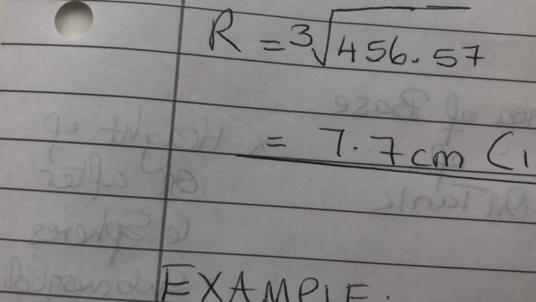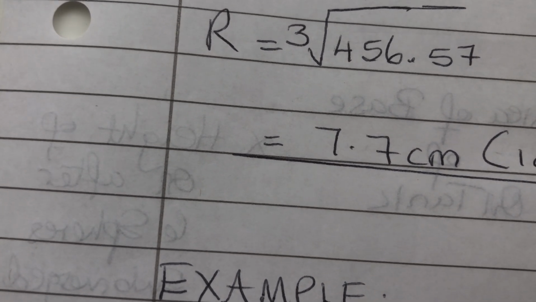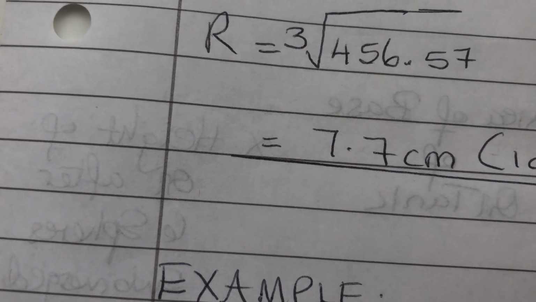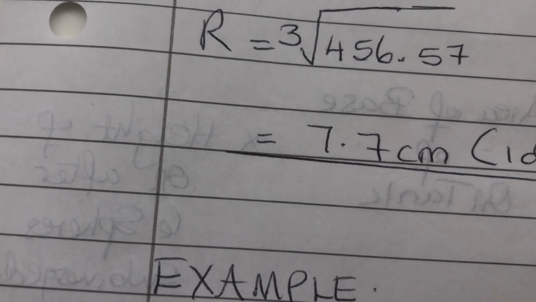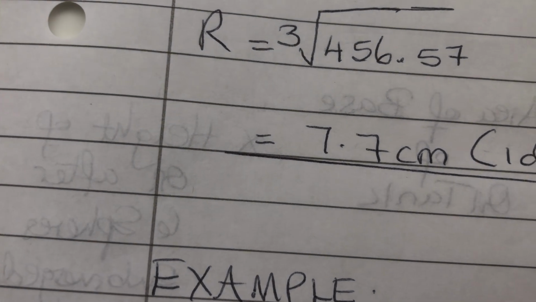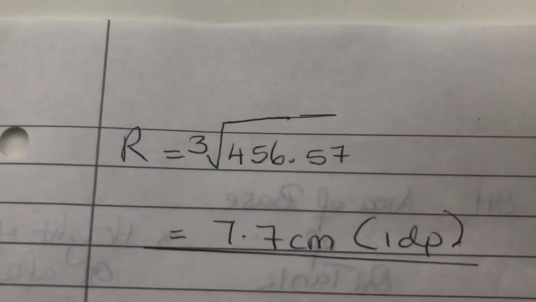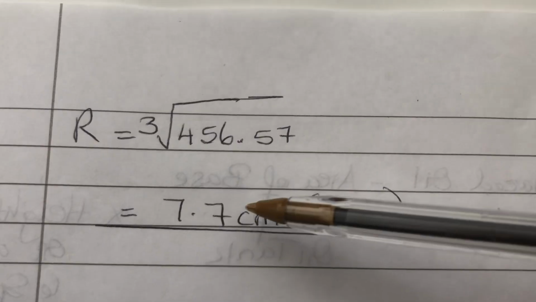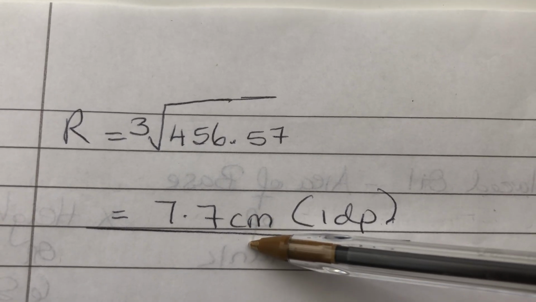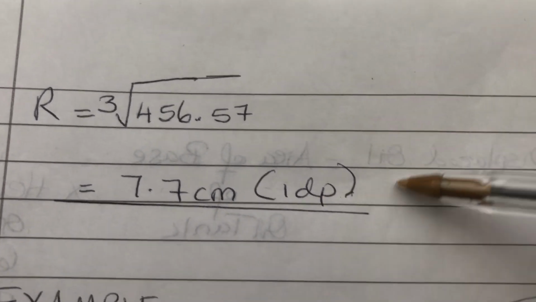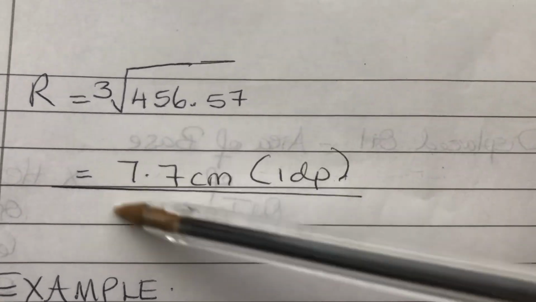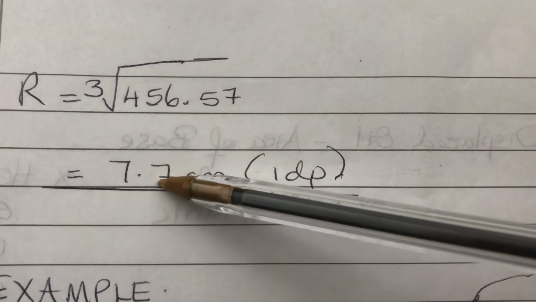If you put in 10, you multiply by 10. So whatever you get for r is the radius of 1 sphere. I hope I'm making sense. So the cube root now will be 7.7 centimeters to 1 decimal place. So this will be the sphere radius.